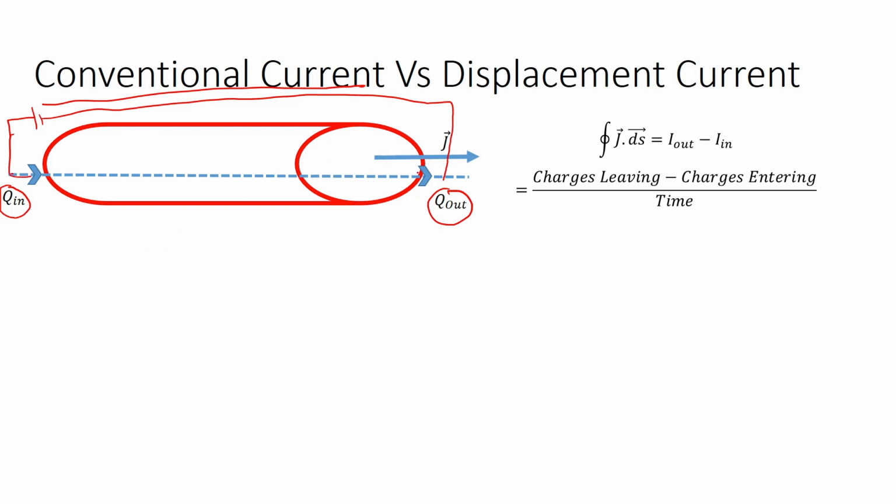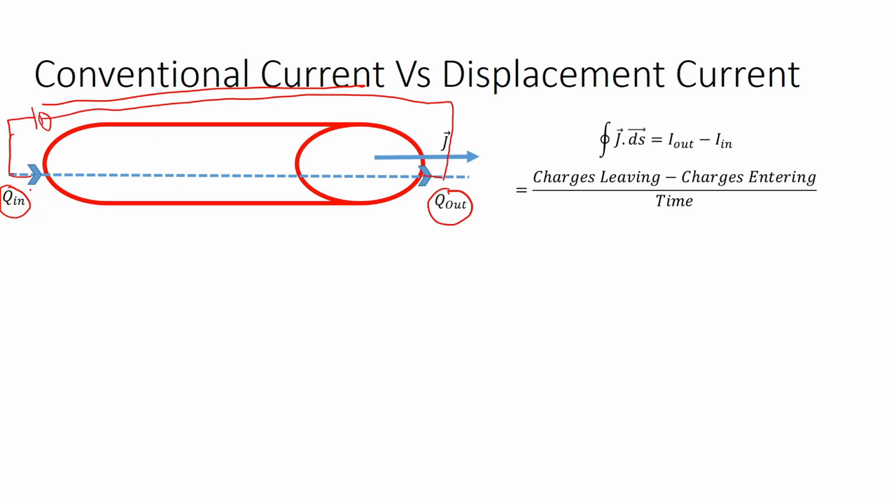Now, what happens in conventional current is all the positive charges are collected by this negative terminal, and these collected charges are ejected by this positive terminal, and they keep moving. As many charges which are collected here will be ejected by the positive terminal.